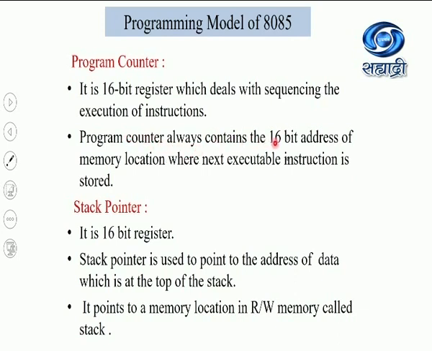Program counter always contains 16-bit address of memory location where next executable instruction is stored. That's how it sequences the execution of a program. Once the instruction is executed, it is automatically incremented and points to the next executable instruction.